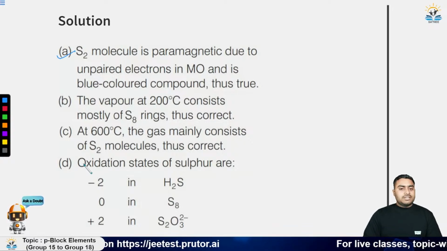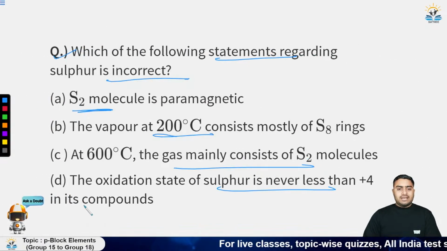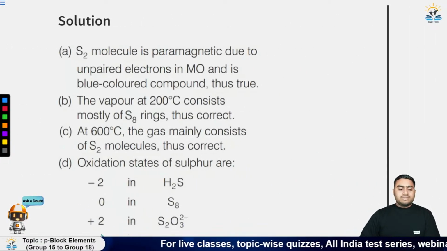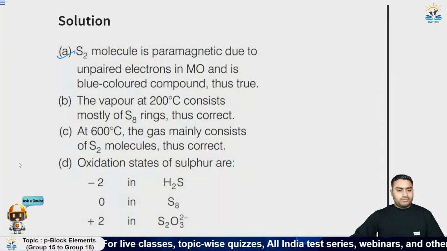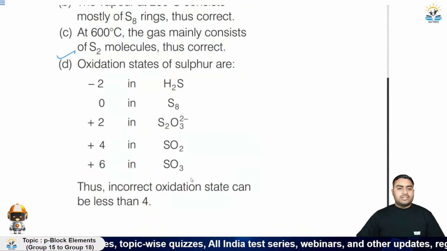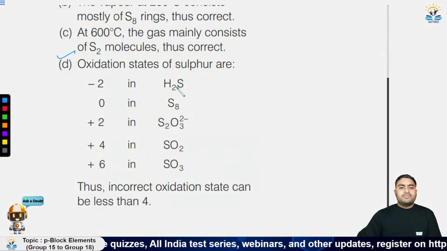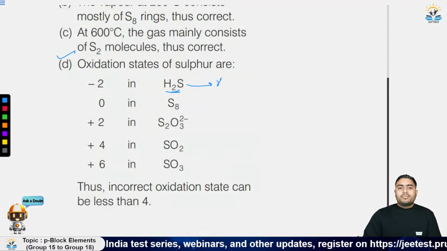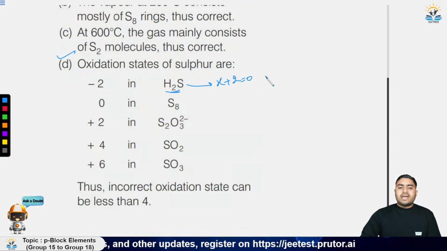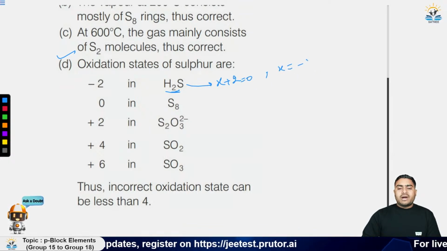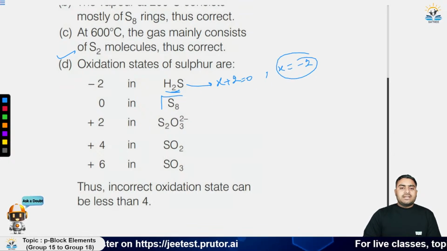The next part is the oxidation state of sulfur. If I take some examples, like H2S: in H2S, for sulfur I have to mention x, and this is plus 2, then equal to 0, so x comes out to be minus 2. In the acid it is 0.